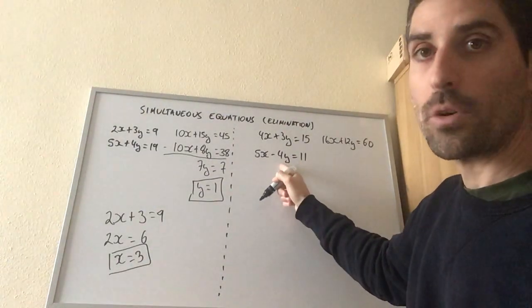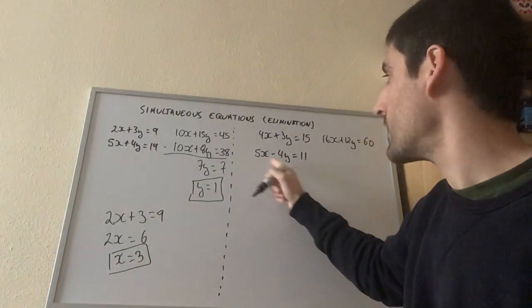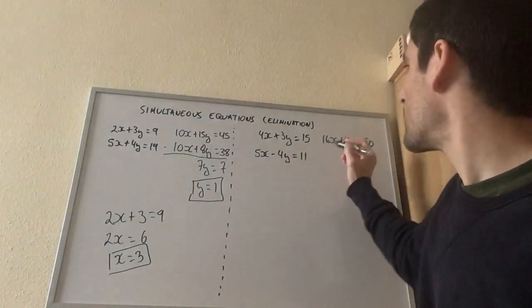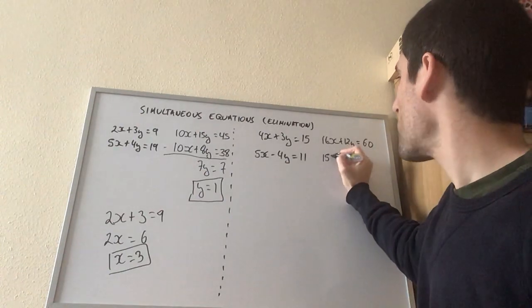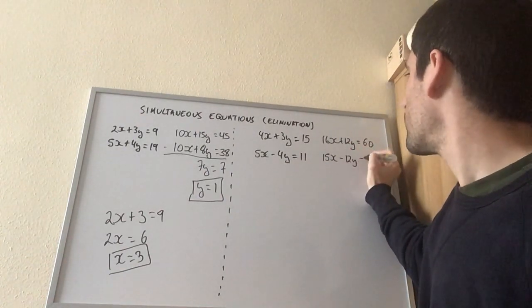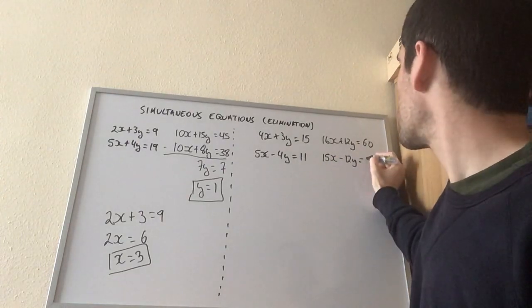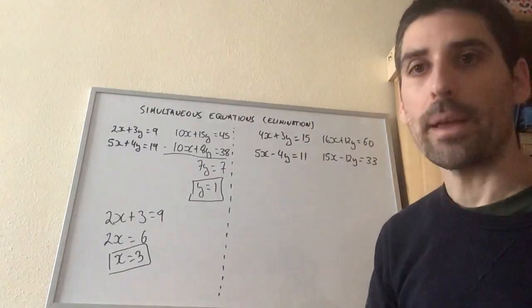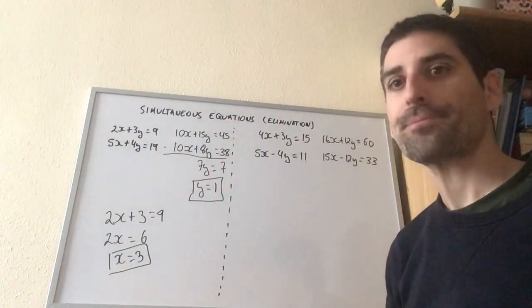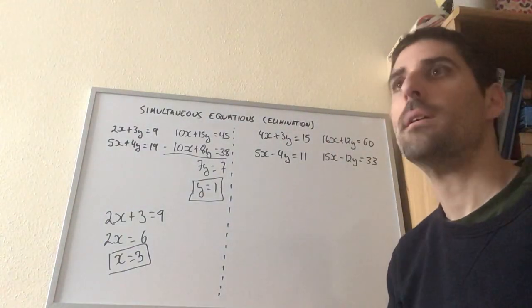How do I get from 4 to 12? Multiply times 3. So multiply the whole second equation times 3. So I get 15x minus 12y equals 33. Now I've got the same amount of y's in both equations.